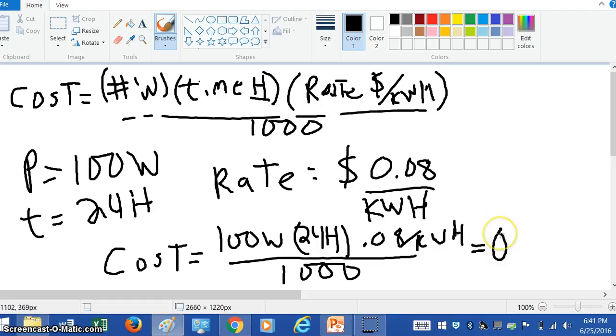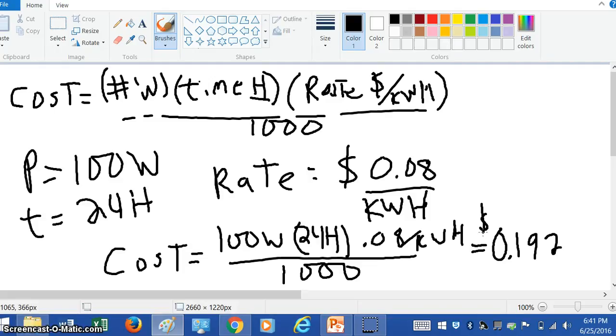With my calculator, I get 0.192. Of course, that's dollars. I guess I should put the dollar sign. And so it's roughly 19 cents to leave that 100-watt light bulb on all day long.